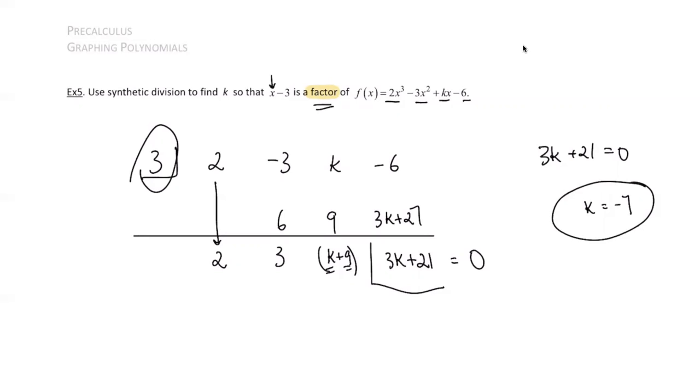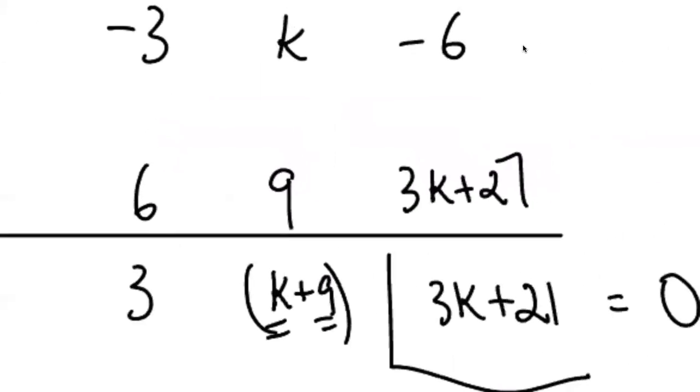I mean 6, and so forth, right? So make sure you know factor means remainder is 0. You know how to do synthetic division. Make sure you are aware of the mistakes I said earlier. First, k plus 9 is k plus 9, right? They're adding together.